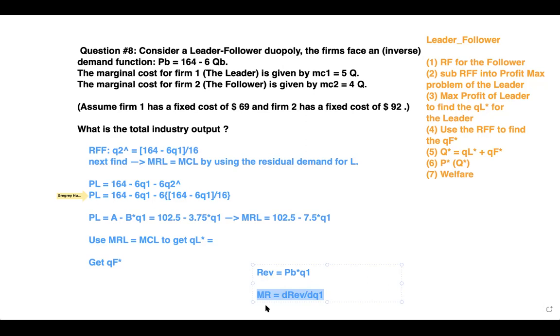But I want it to be clear, even though I show you how to do it with calculus, that there is some fraction of the students in the class, a really small fraction, that may not have had calculus.